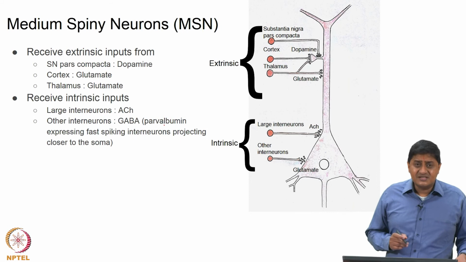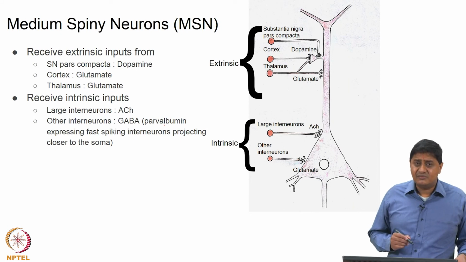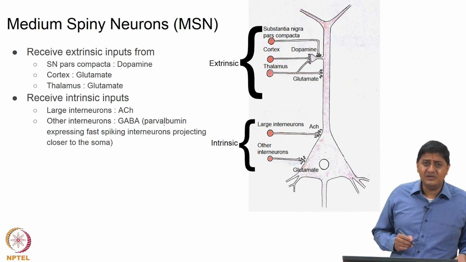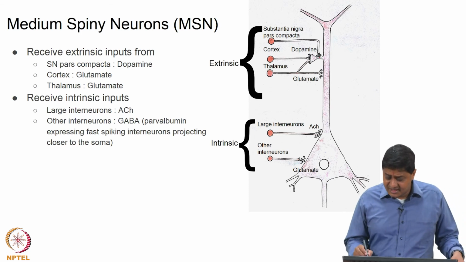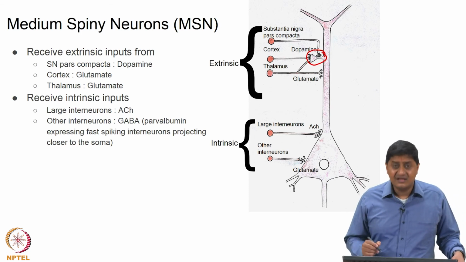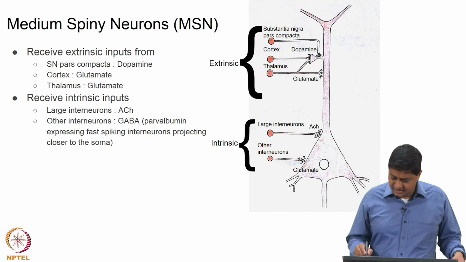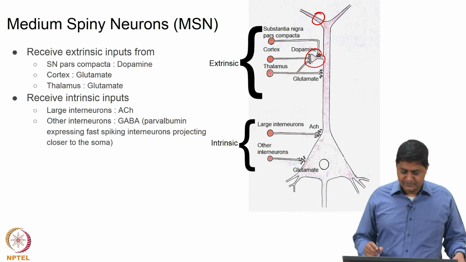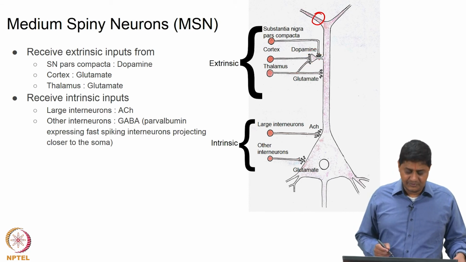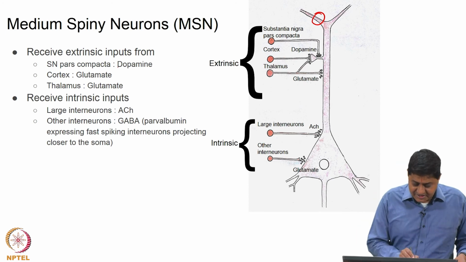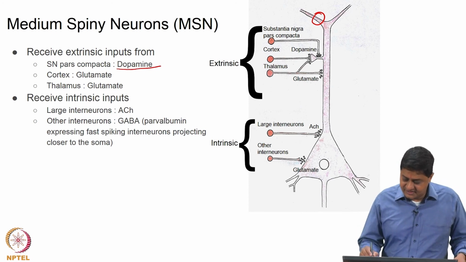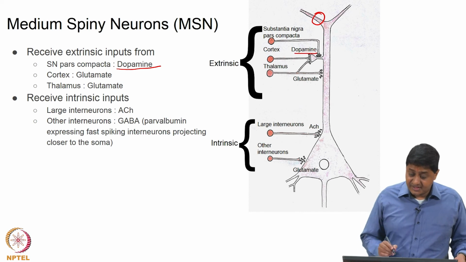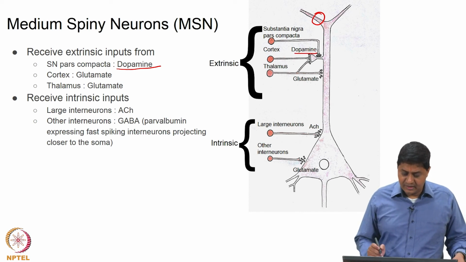So, what are the various inputs received by the medium spiny neuron? Why are they called spiny neurons? Because of the presence of spines in their dendritic trees. There are several spines like that in their dendritic trees. They receive external input from multiple sources. From the substantia nigra pars compacta, of course, they receive dopamine, but first they receive inputs from the cortex.